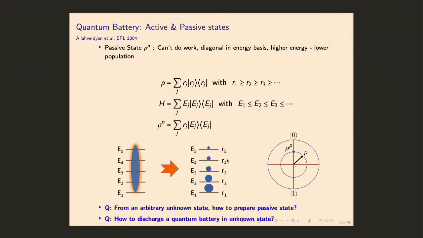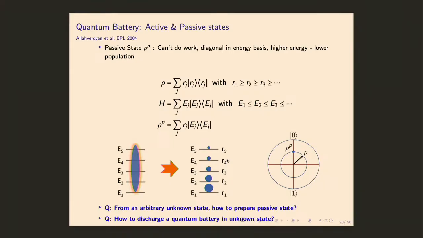What is that unitary operation which can give us the minimum energy state? It will automatically come to the diagonal state by the non-unitary way, if you just wait for a long time. But non-unitary takes a long time, and we are talking about a quantum battery. On demand, we have to extract energy. So that's the question.